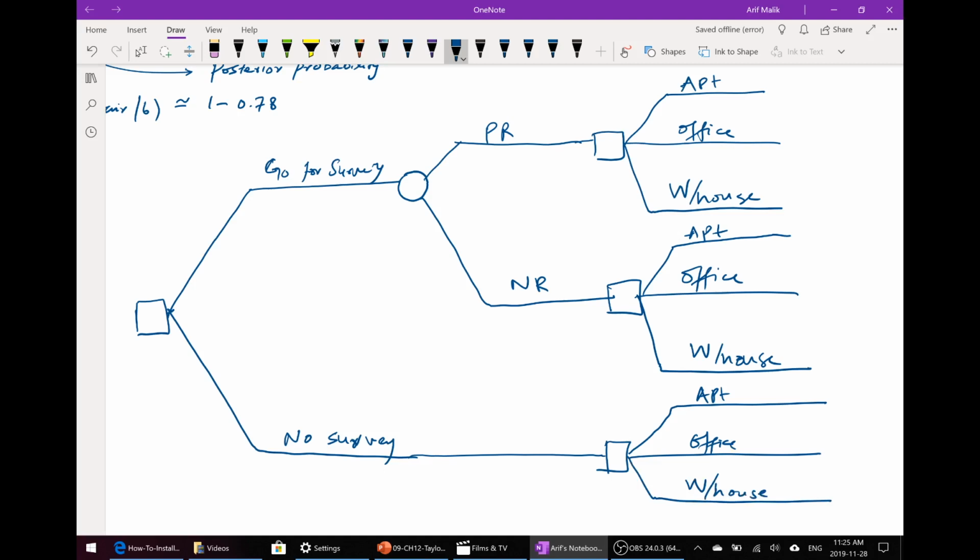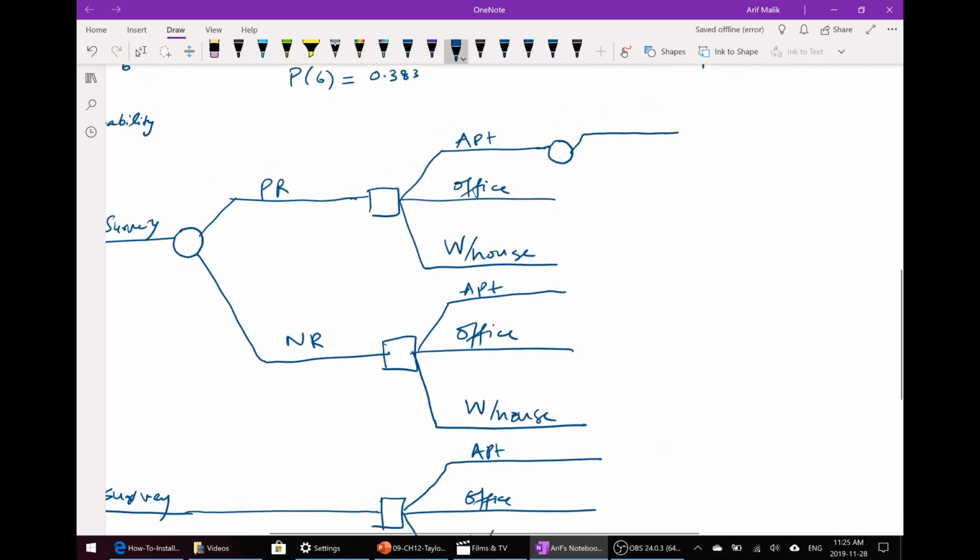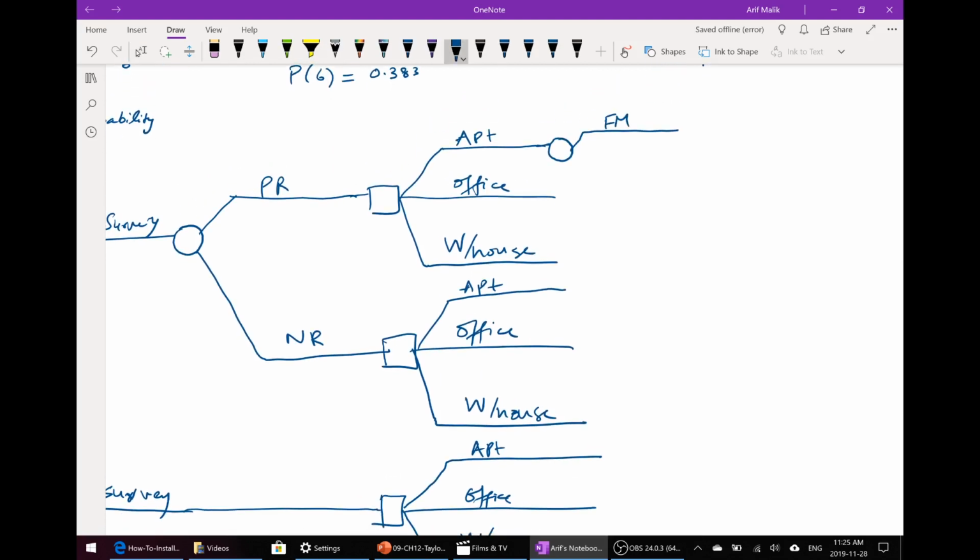Then the actual state of nature may occur. The market could be favorable, or it could be unfavorable market.